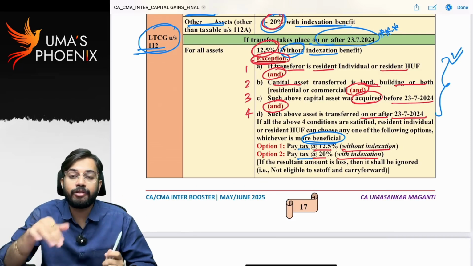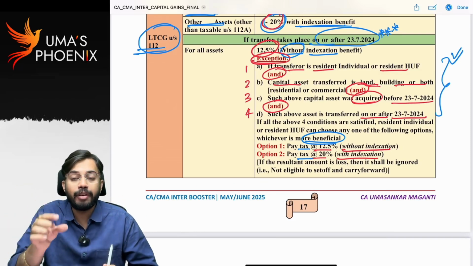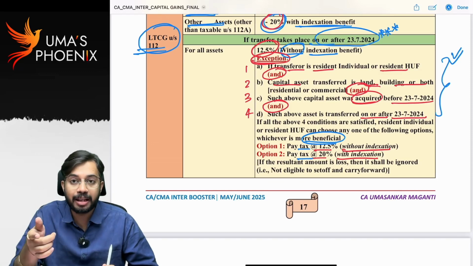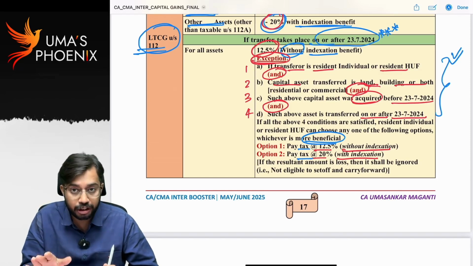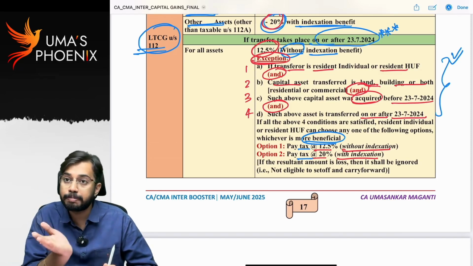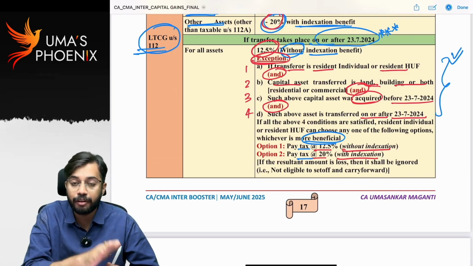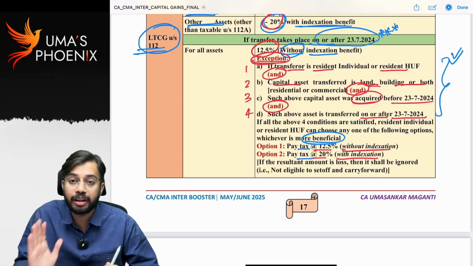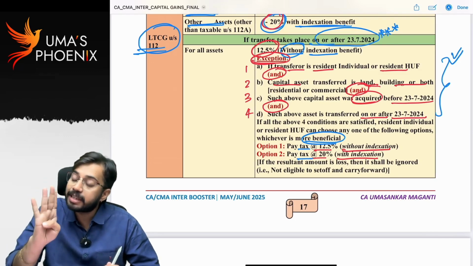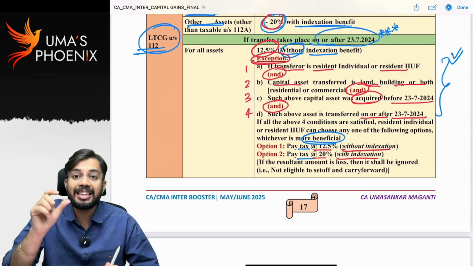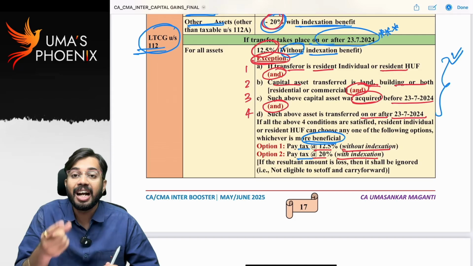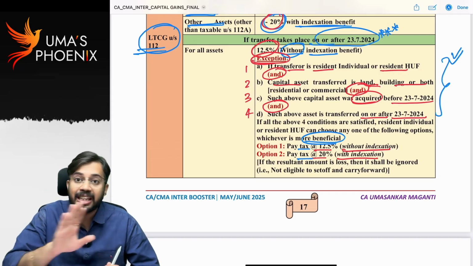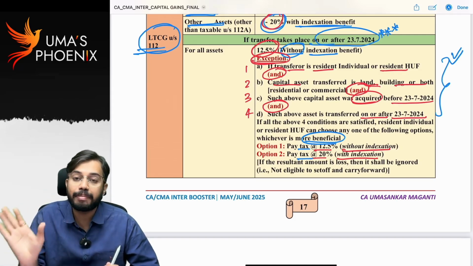On or after 23rd July 2024, if you are transferring a long-term capital asset being immovable property, and if that asset is transferred by a resident individual or HUF, and purchased before 23rd July 2024 and transferred on or after 23rd July 2024, if these four conditions are satisfied, the assessee will get a benefit in tax calculation. The assessee will not get benefit in income calculation.